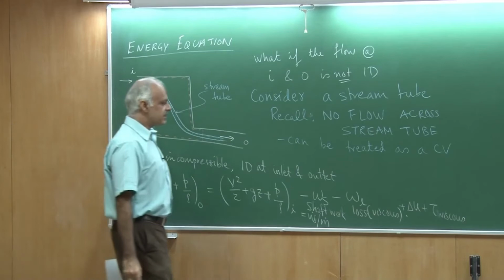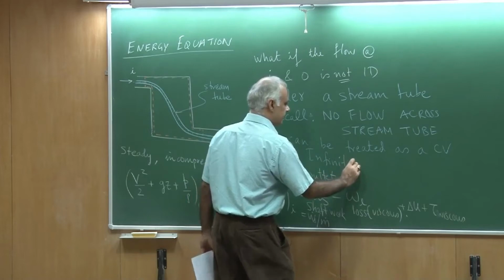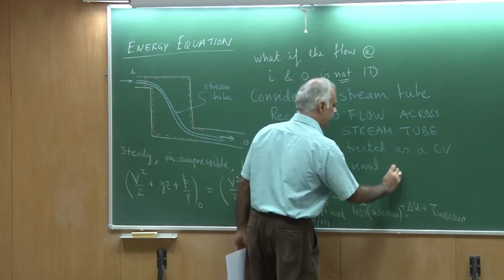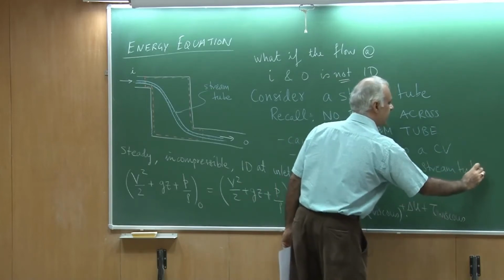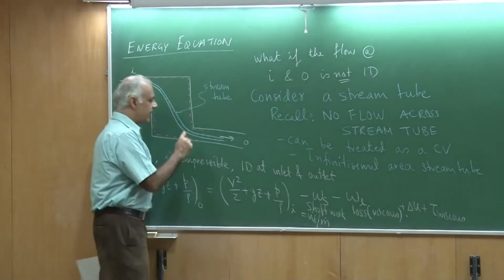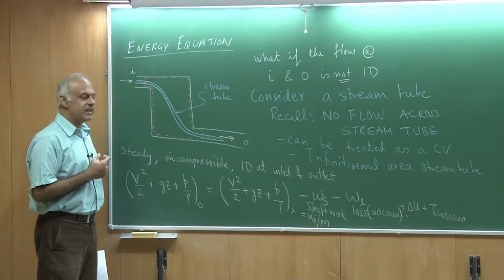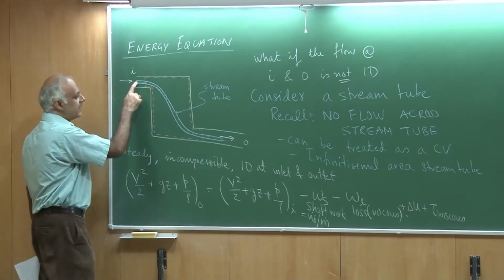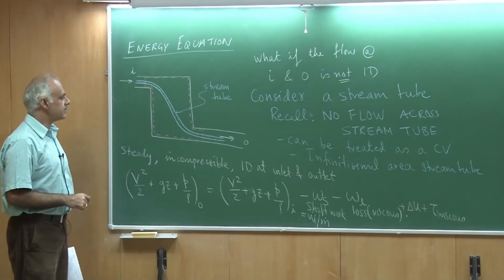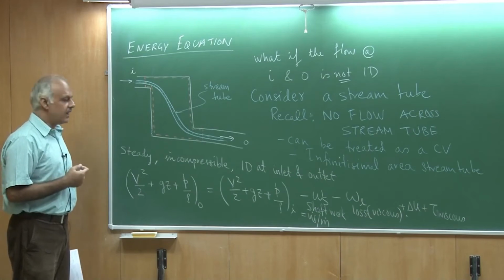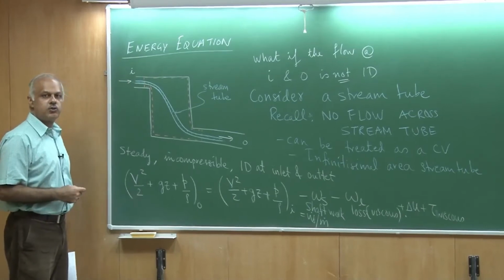Now, I could further say that this is an infinitesimal area stream tube. So, instead of taking a thick stream tube, I consider a thin stream tube which has a very small area, maybe an area dA, a small area at the inlet and a small area at the outlet. All right. Because the area is small, I can now assume that the properties across this stream tube do not vary.